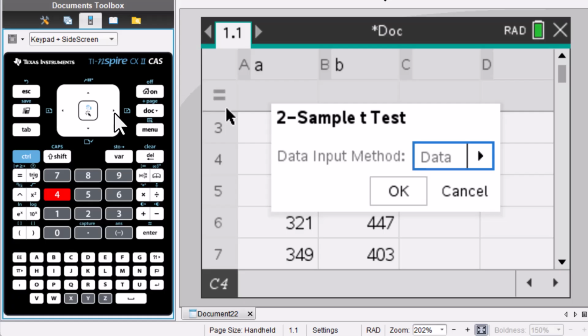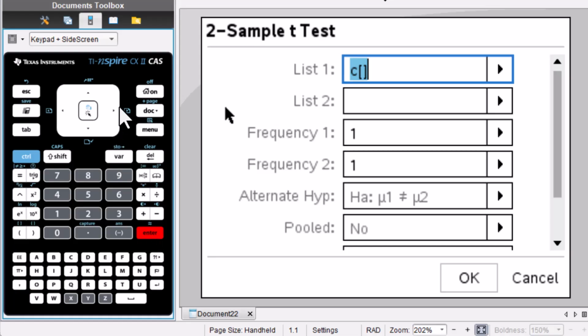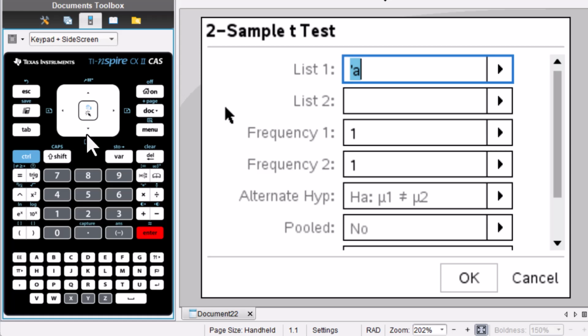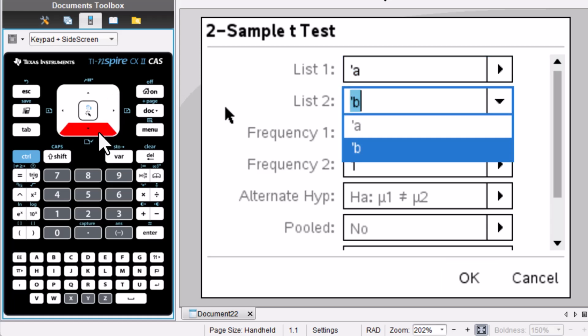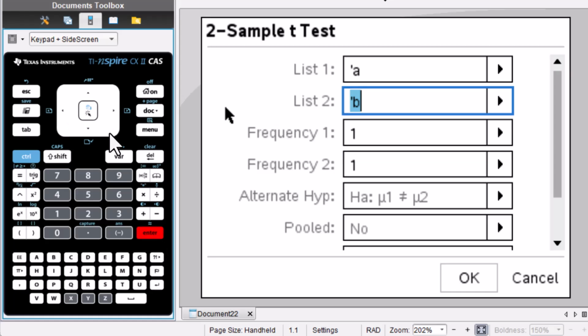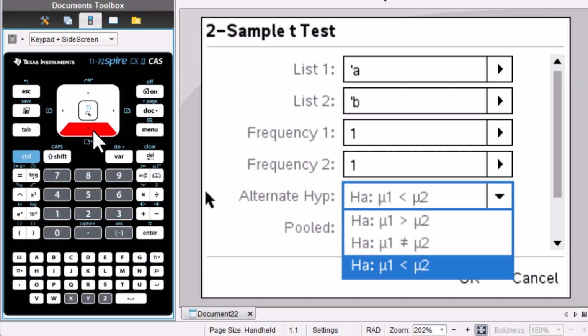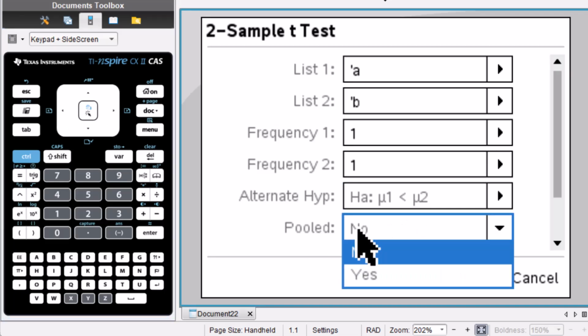Data input method is data. List 1 is A. List 2 is B. Then for this H1, mu1 less than mu2. Pooled, yes.